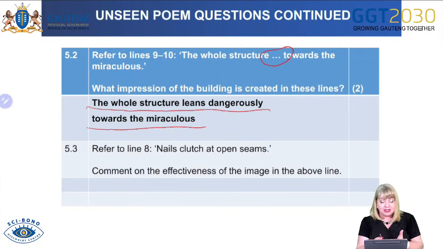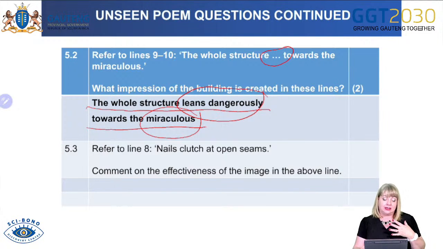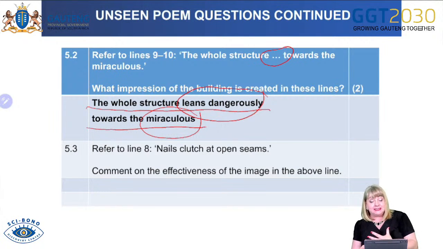The whole structure leans dangerously towards the miraculous. And they ask what impression of the building is created in these lines. So again, if you had to think of a building that was leaning dangerously towards the miraculous, that gives you a certain impression of the building. I might be a little bit taken aback, a little bit afraid of a building that's leaning dangerously.